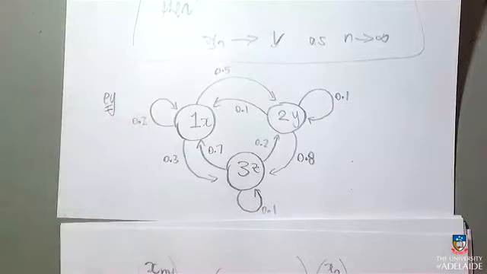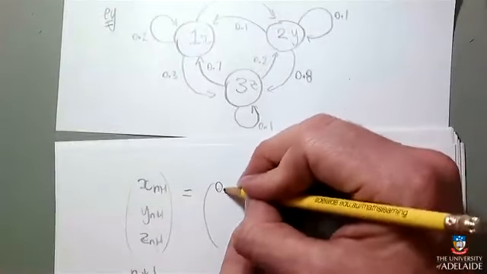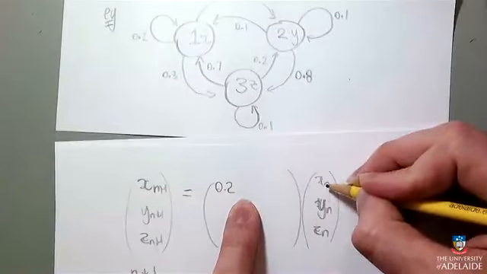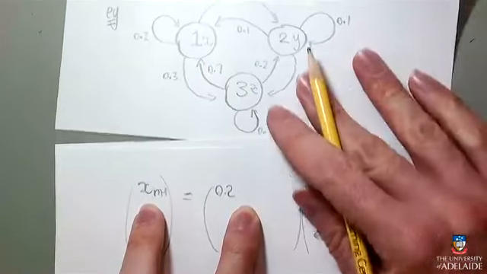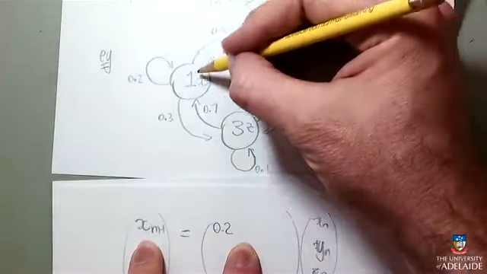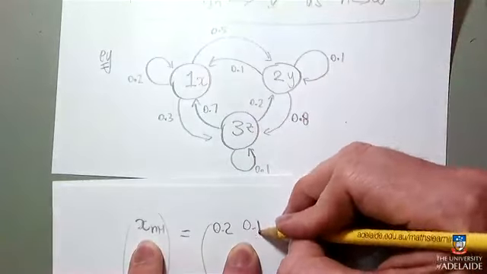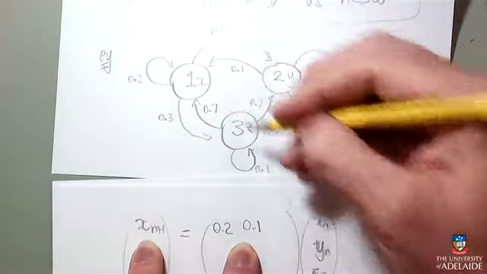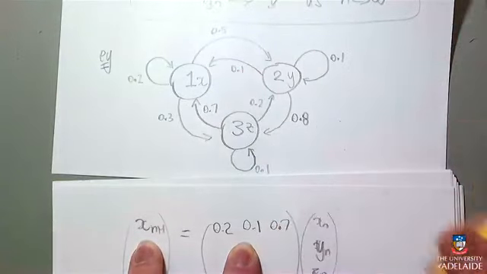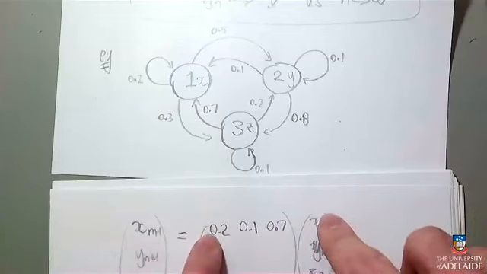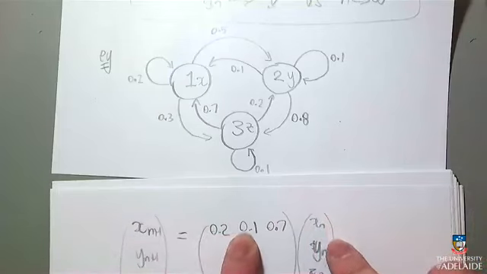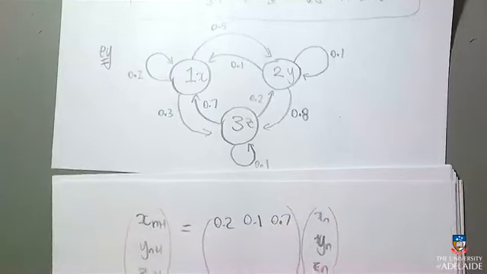So I'm going to get 20% of the ones that were in X are going to end up back in X again. Now the ones that were in 2, 10% of those end up in X. And the ones that were in 3, 70% of those end up back in X again. So the total number that end up in X are these 3 things: 0.2 of whatever used to be in X, 0.1 of whatever used to be in Y, and 0.7 of whatever used to be in Z.